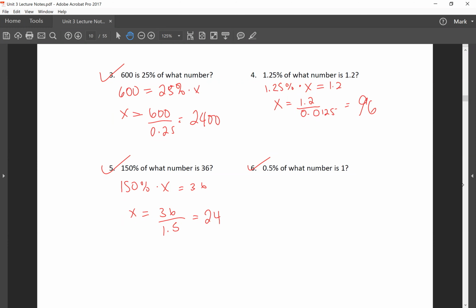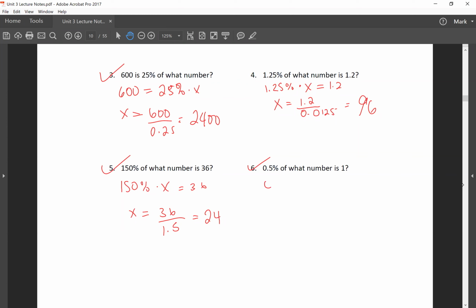Just remember, I am changing these percents to decimals by dividing by 100, which is what we did last day or Sunday in class. We looked at how to change decimals to percents, percents to decimals, fractions to percents. We did all that on Sunday.